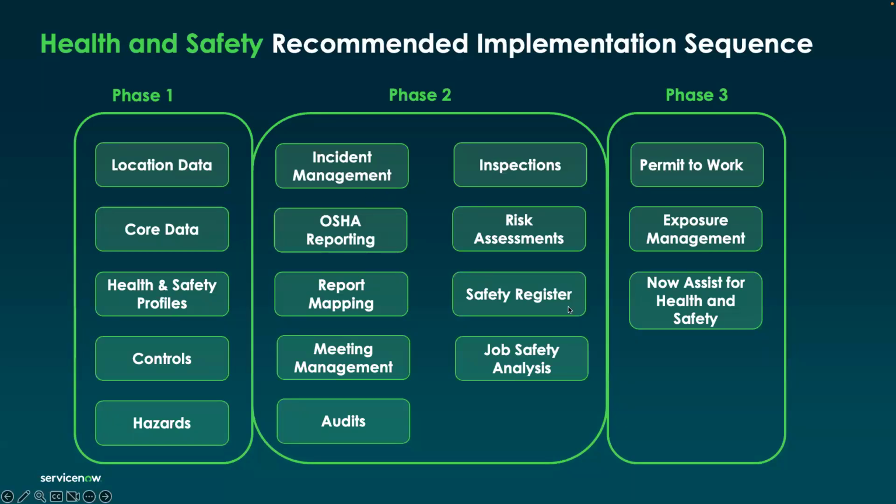If you're not using incident management currently, for the incident summarization capability, there will be nothing for Now Assist to summarize. So this is just a recommendation for how you do that journey, but it is very flexible. And if you just want to start with incident management, you absolutely can. You just need to fill out some of that foundational data first.